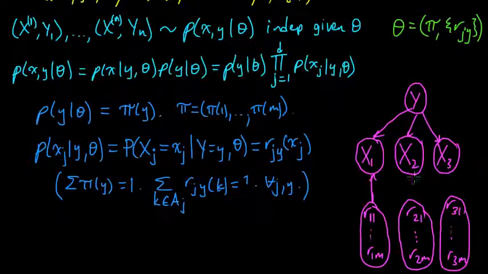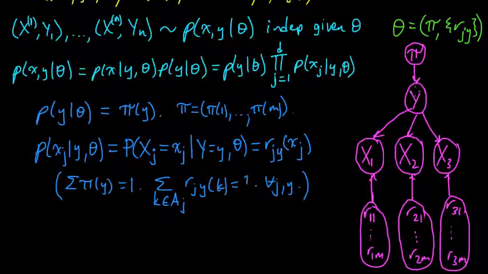So the process by which this data is drawn is that we choose a y, and then we choose an x. We choose y according to this distribution pi.